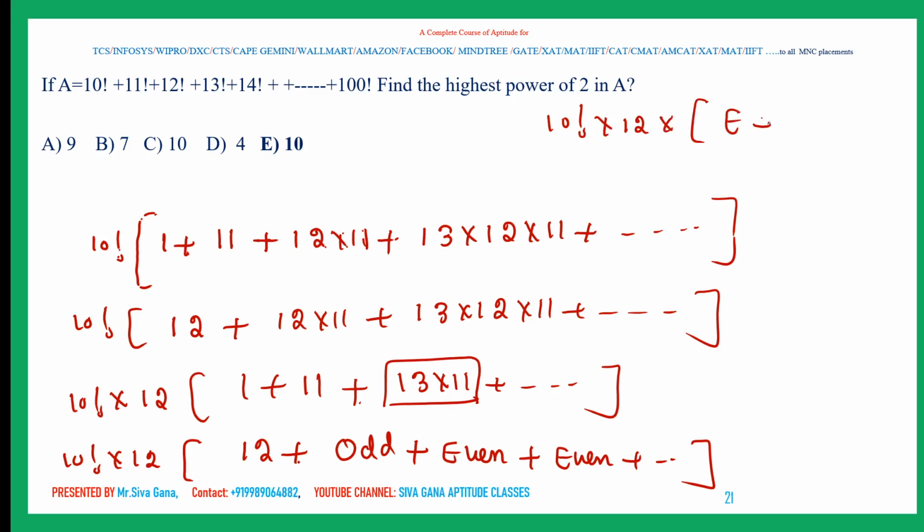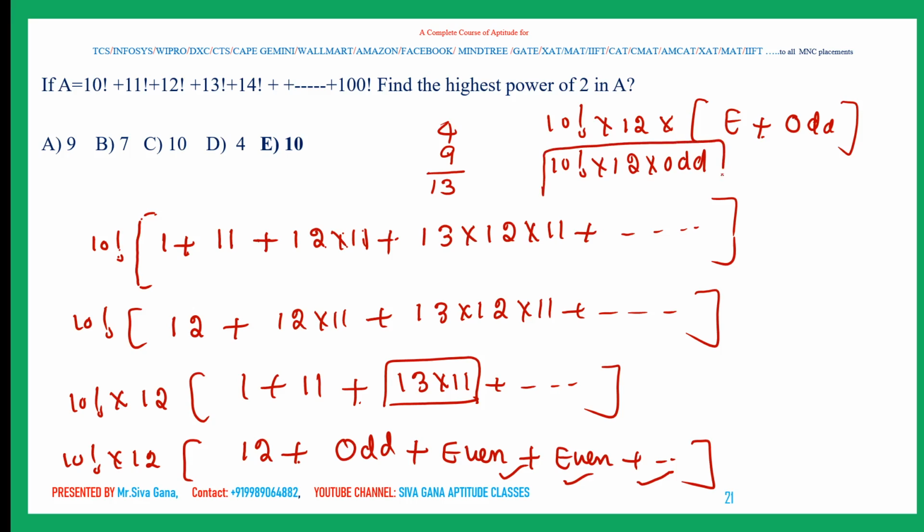Even plus even plus even is even. Even plus odd is odd. So finally 10 factorial into 12 into odd we are going to get.